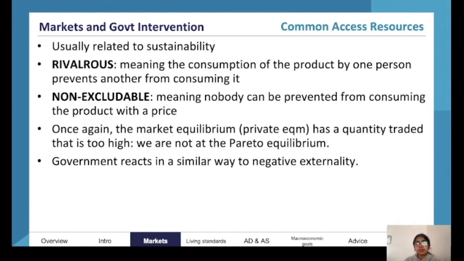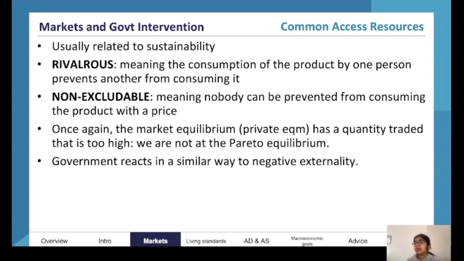An example of a common access resource is a land resource. For example, fishing, the fish in the ocean. That's a common access resource because, one, it's rivalrous. If I go fish and I overfish, it means that someone else fishing from that same ocean might have less access to fish. Next, it's non-excludable because there's a huge ocean.